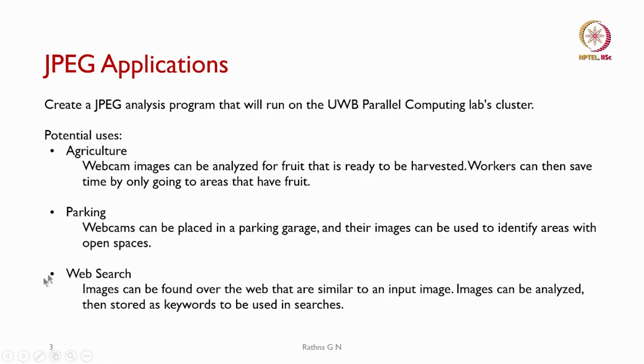The other one is in web search. Images can be found over the web that are similar to an input image, and images can be analyzed and then stored as keywords to be used in searches. So usually we type text for web searching, and if you are interested in some part of an image that you like, you can keep that as a reference and find out how many similar ones are available.